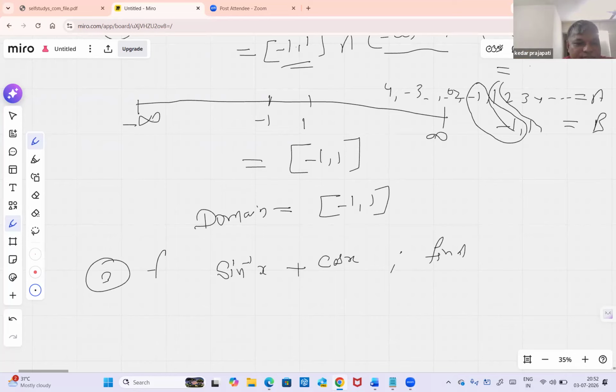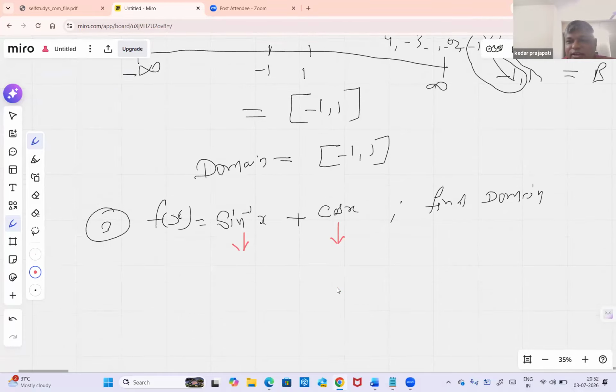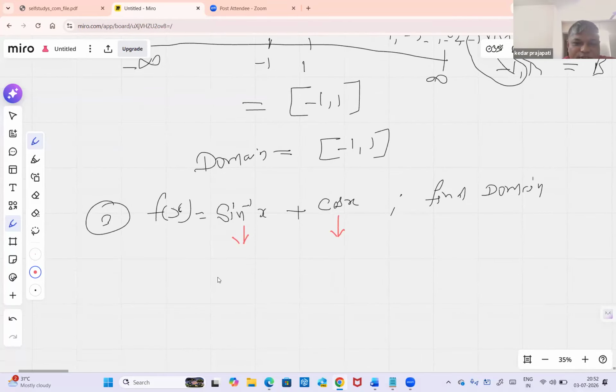This is f of x. Find the domain. So what trick did I tell? I told you to find the domain of this and the domain of this, and take the common.